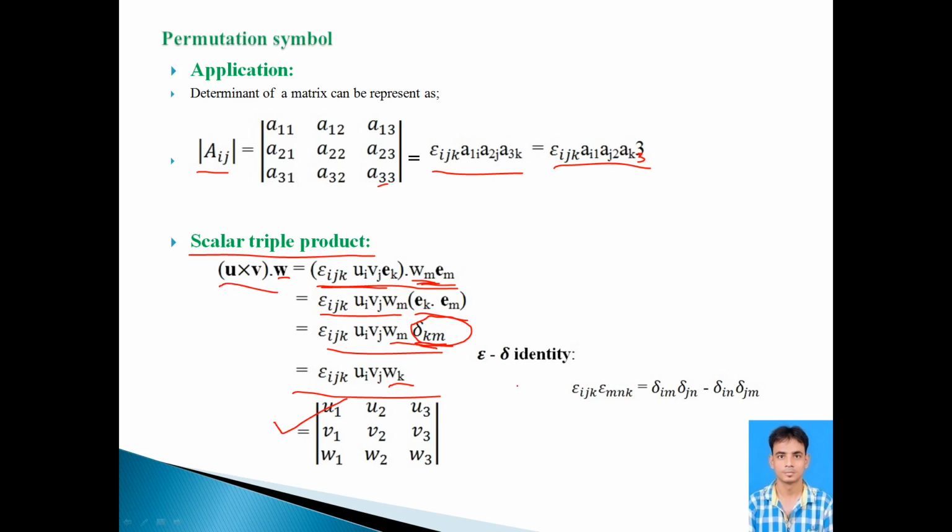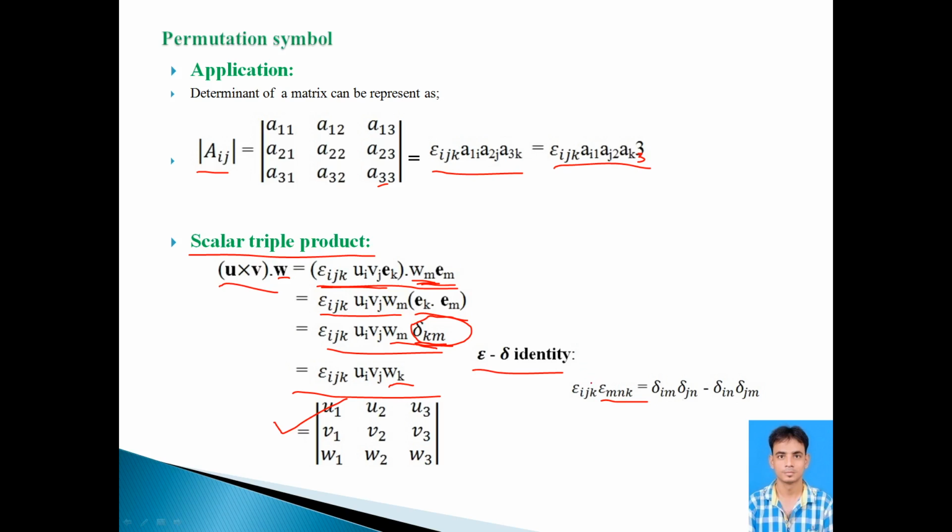Now another indicial notation is epsilon ijk with another epsilon mnk. If you have this type of operation, this is the transformation from epsilon ijk epsilon mnk to delta.